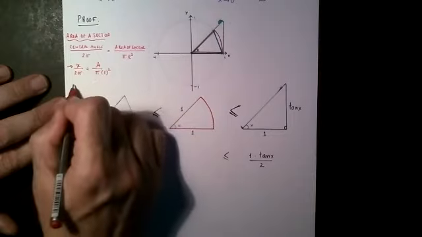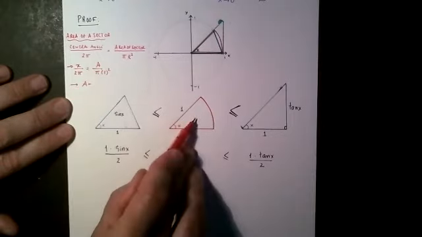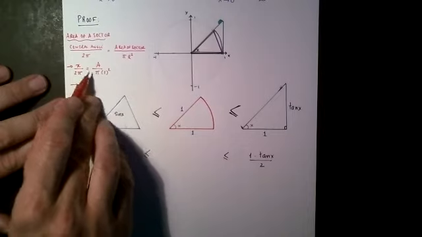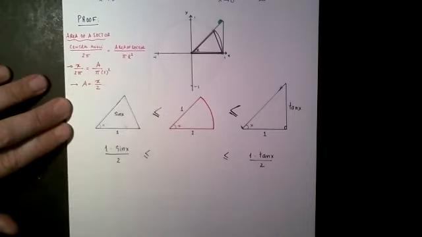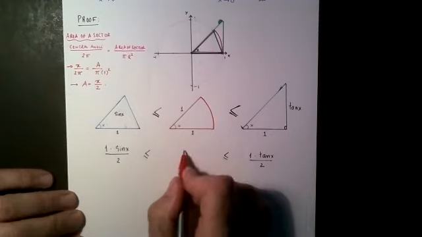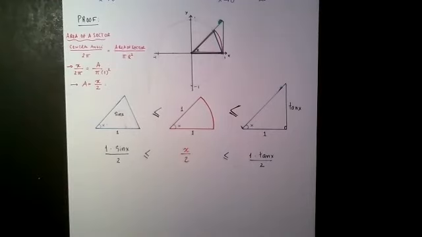If I isolate A, you cross out the pi's, so it's just x over 2. So this area will be x over 2. You understand what I just did?